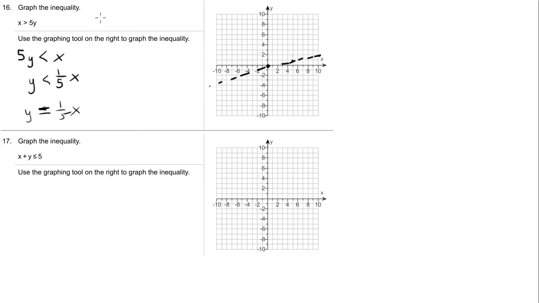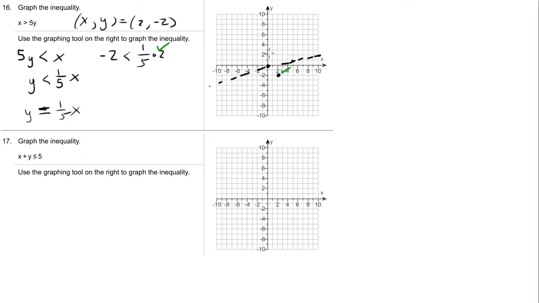So if y is less than 1/5 x, a point right here like 2, negative 2. Let's say x is equal to 2, y is equal to negative 2. We'll get negative 2 is less than 1/5 times 2. That's a true statement. That's true.